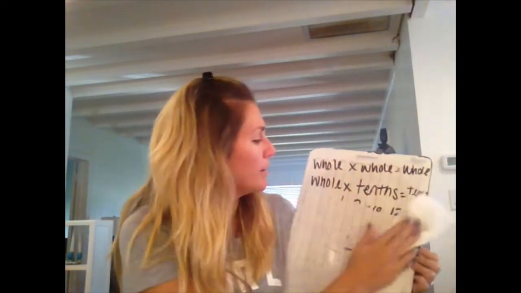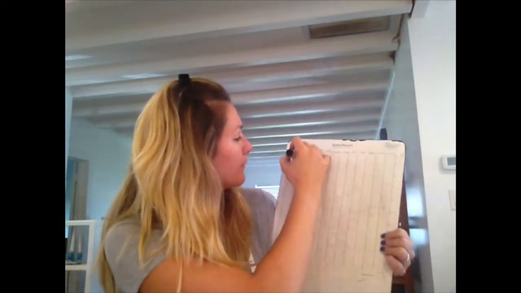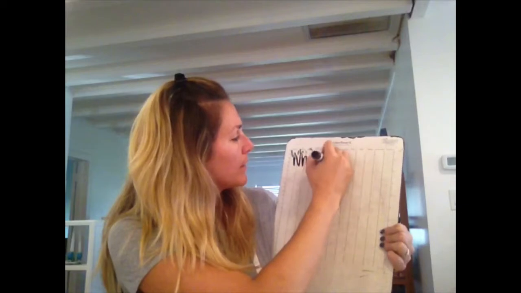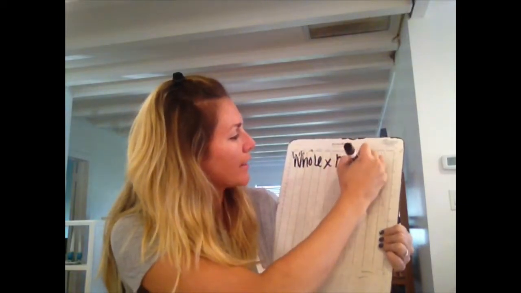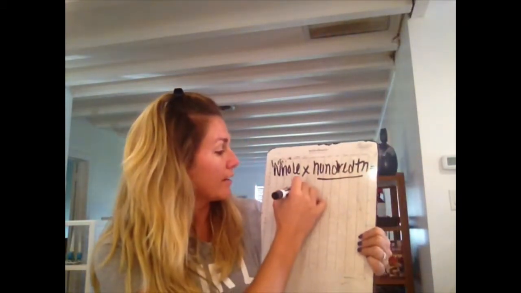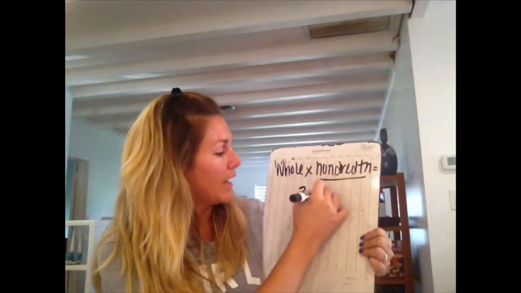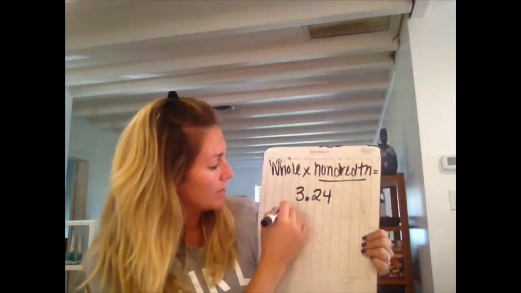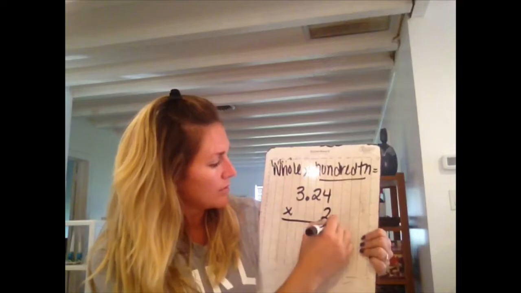Now if it is a whole number times a hundredth, okay, my answer is going to be a hundredth, okay? So that means that I could have 3 and 24 hundredths times 2, okay?